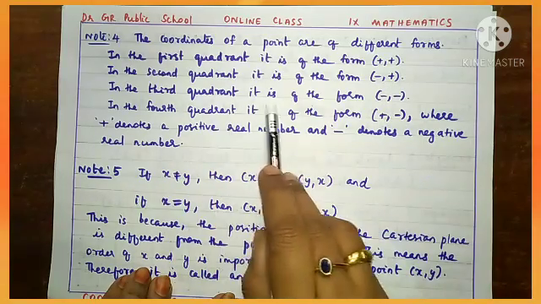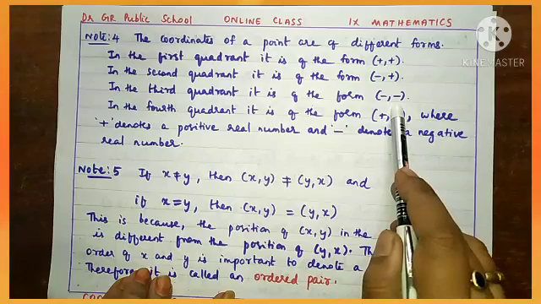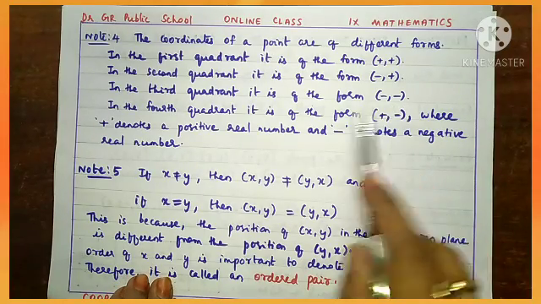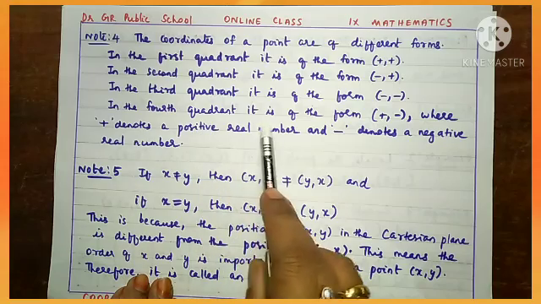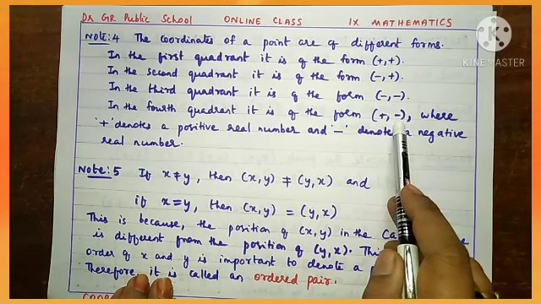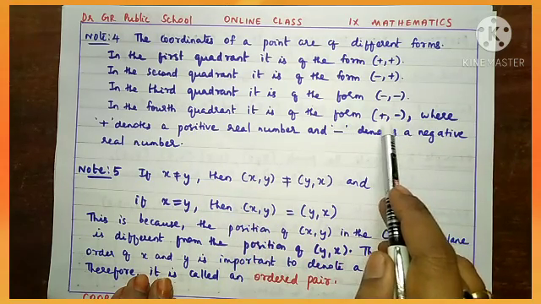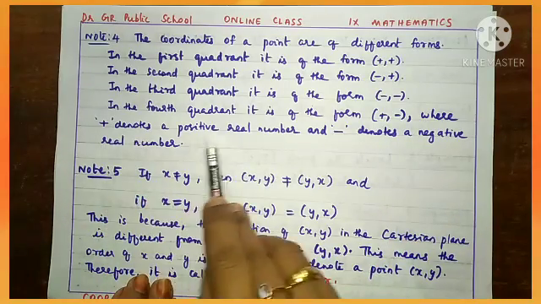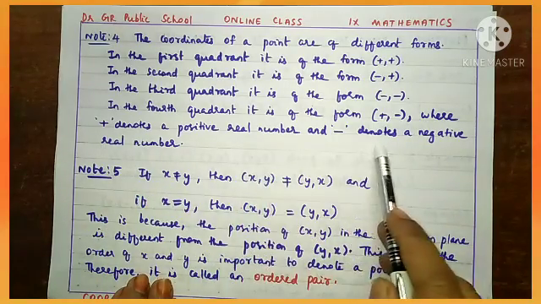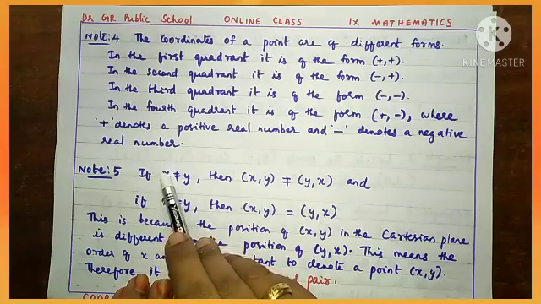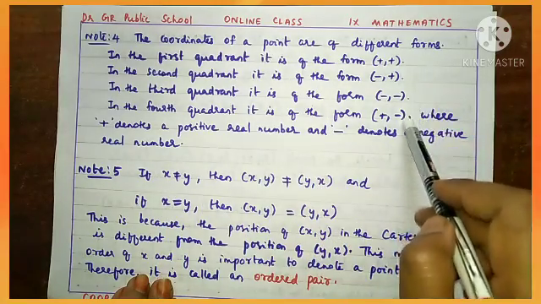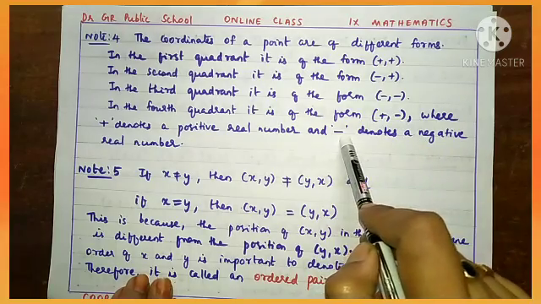In the third quadrant, it is of the form (-, -), that is, both x and y coordinates are negative. In the fourth quadrant, it is of the form (+, -), that is, the x coordinate is positive and the y coordinate is negative, where plus denotes a positive real number and minus denotes a negative real number. So this is the form of coordinates in the four quadrants.